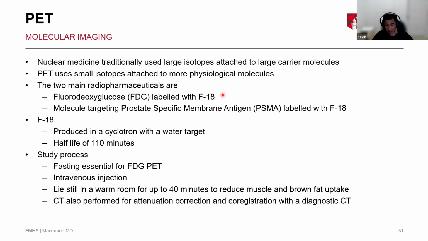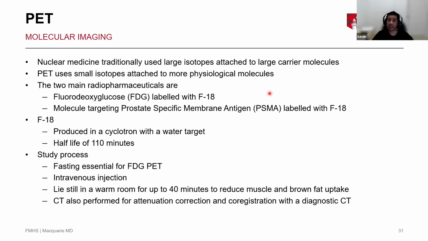A cyclotron is a machine that accelerates protons faster and faster and smashes them into a target, and the target then changes. In the case of F18, the target is actually just water, and you smash a proton into an oxygen and turn it into F18, which will then decay.